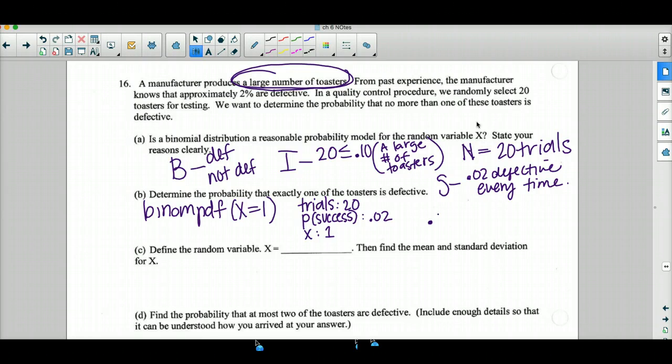So that is 0.2725. That would be the probability that exactly one of those 20 toasters is bad.